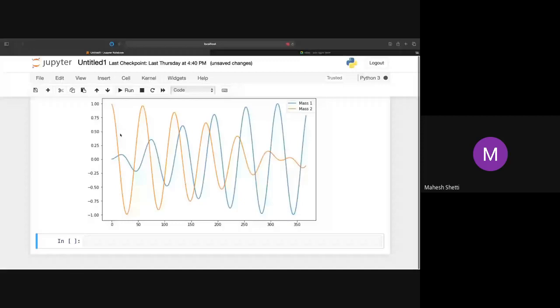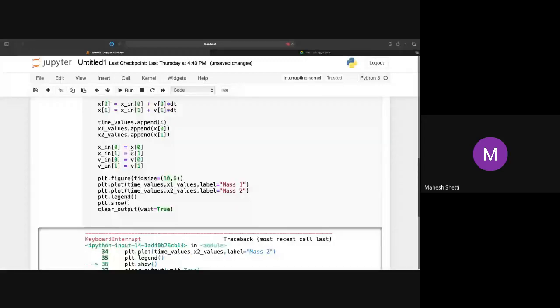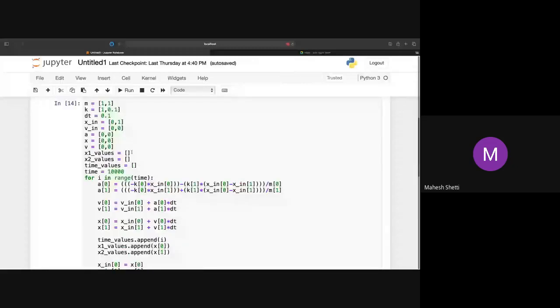So x is plotted horizontally. So the x of first object will decide how that mass is oscillating horizontally. X of second object will decide the second mass horizontally, and you may connect them with some dotted line as if it is a spring, something like that.